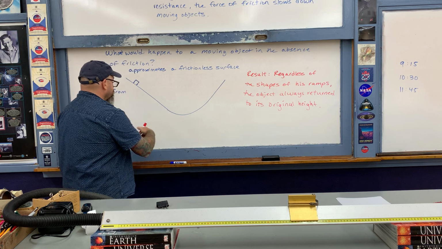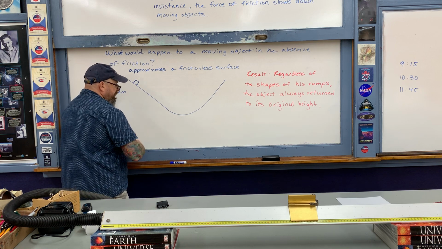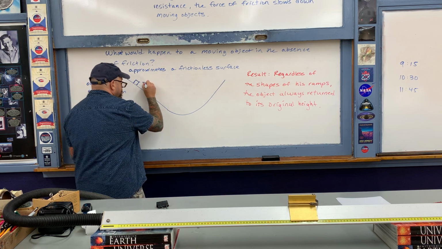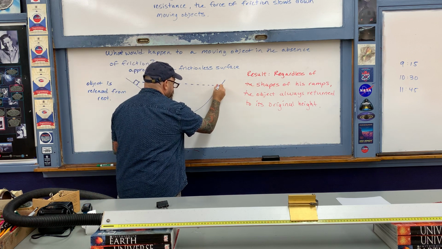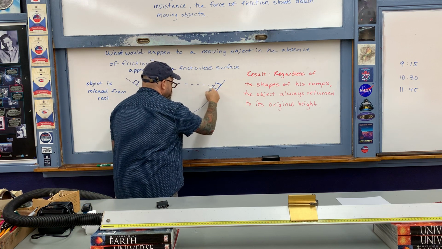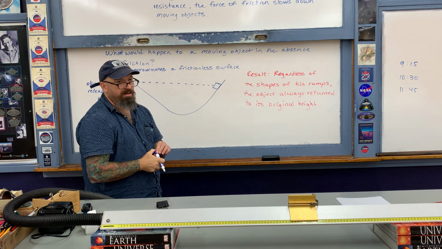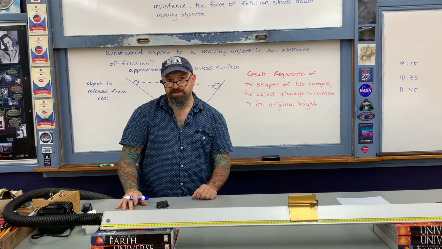So then therefore, as I've drawn it, if I then release the object from rest, it returns to its original height over here like so for an instant prior to moving back down to the left-hand side. This occurs regardless of the shapes of the ramps.